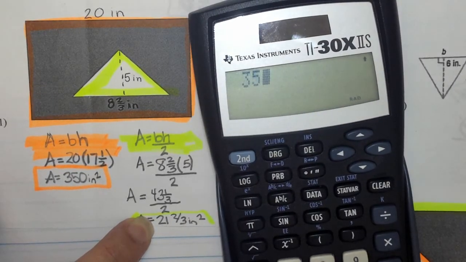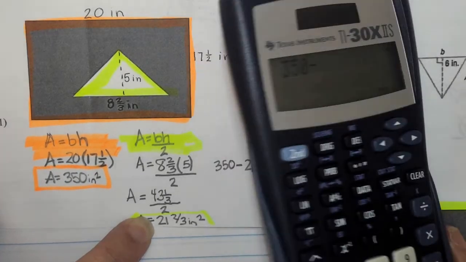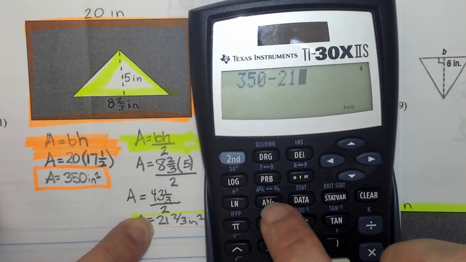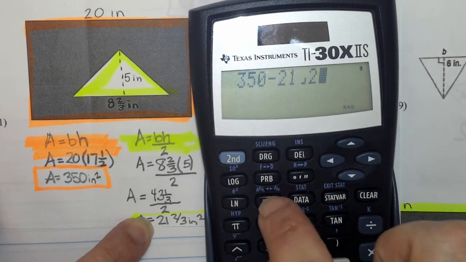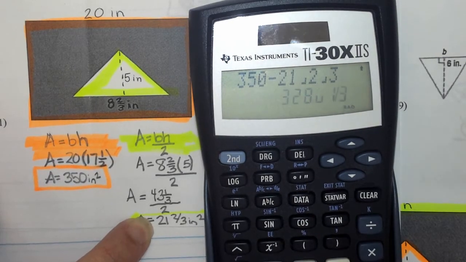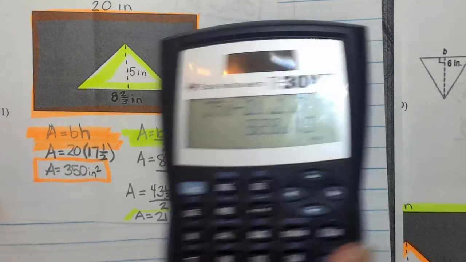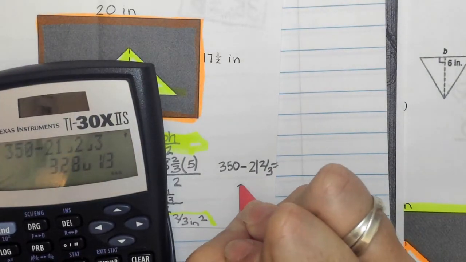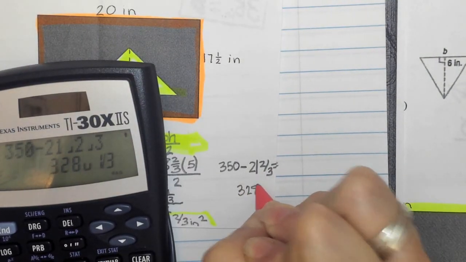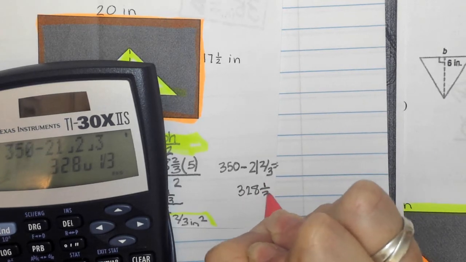So 350 minus 21 2/3 equals 328 1/3, right? 328 1/3.